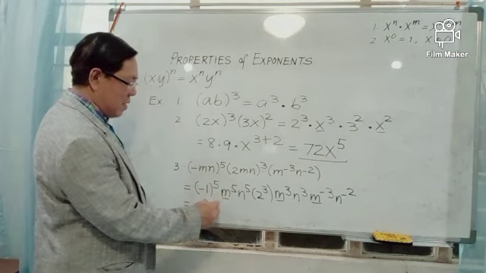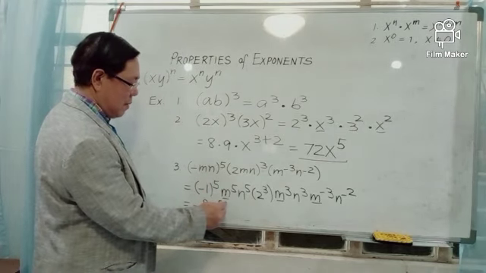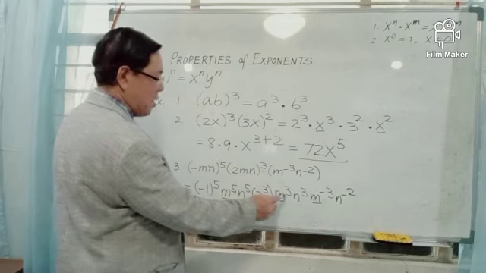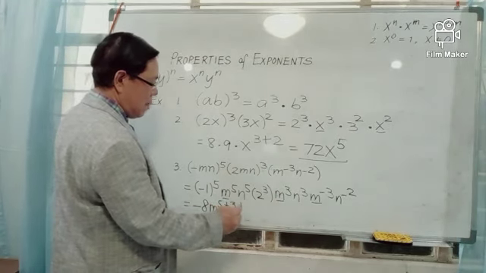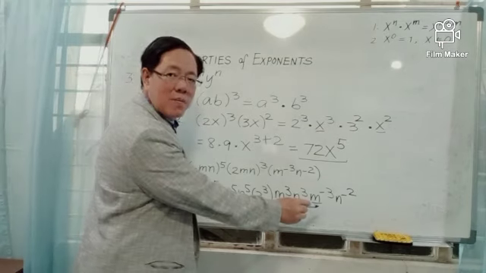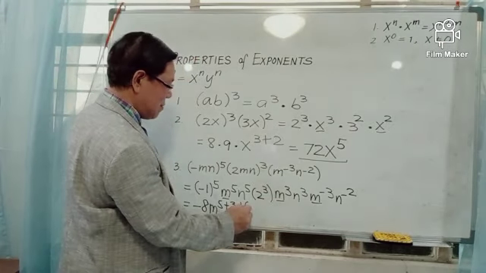Exponent here of m is 5 plus exponent here of m is 3 plus the exponent of m here is negative 3.